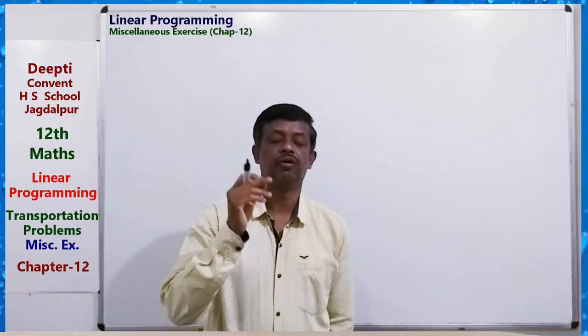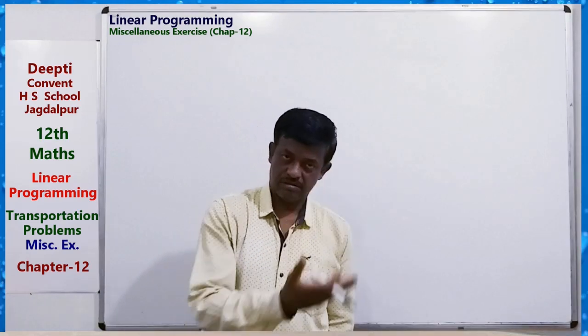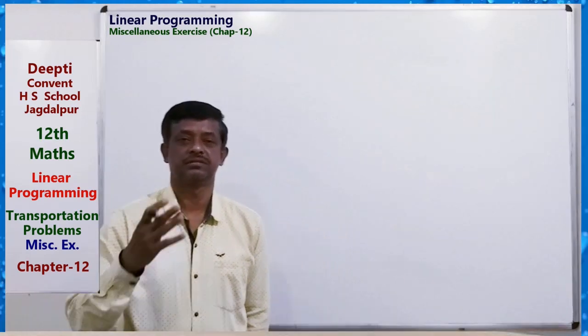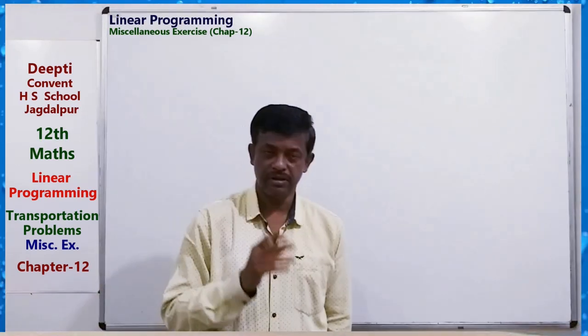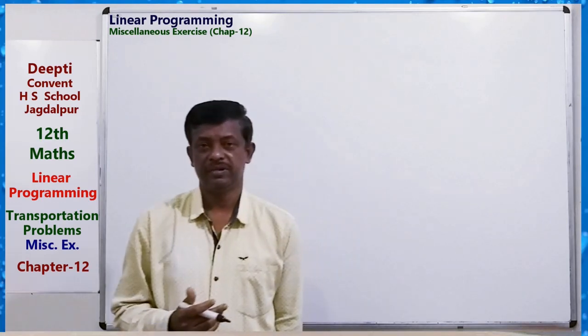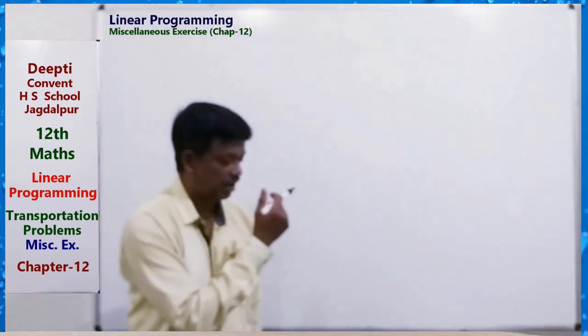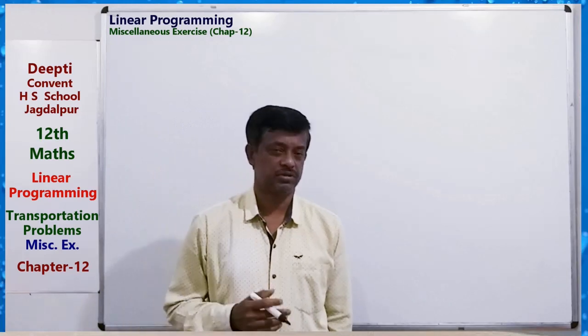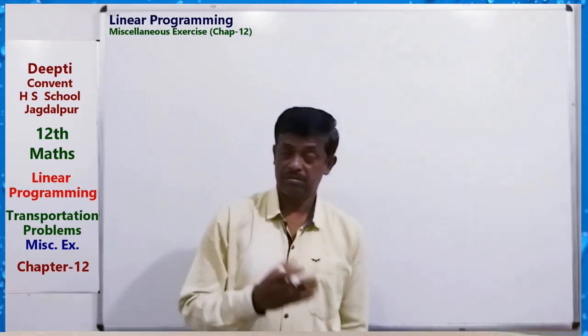This type of problem can also be solved by mathematically formulating the LPP for the given problem, and by graphical method we can find the minimum cost for transporting materials from one place to another place.